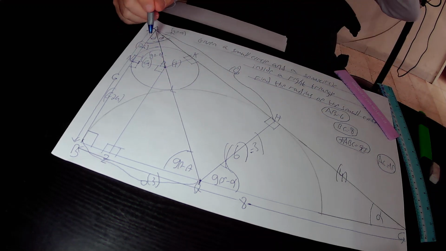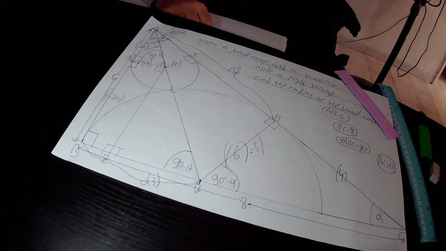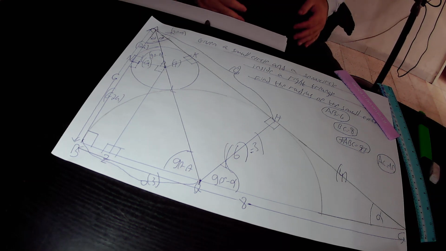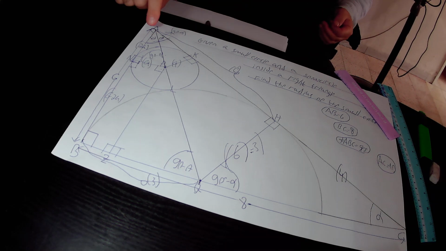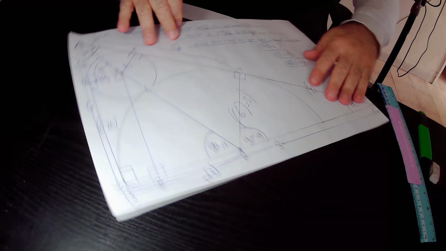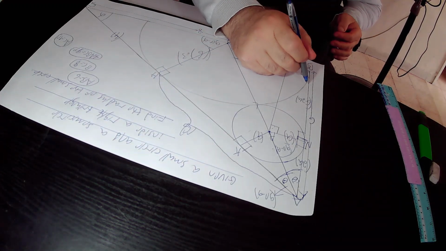So inside quadrilateral NPBZ we have 4 right angles, and any quadrilateral that has 4 right angles must be a rectangle. So write it down: this quadrilateral NPBZ is a rectangle.